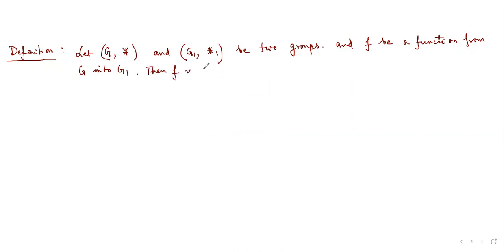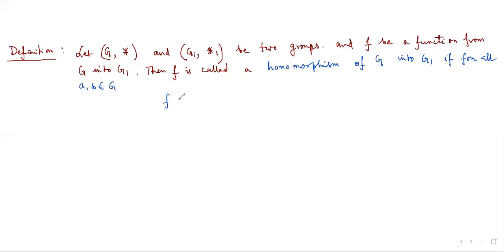f, is called a homomorphism of capital G into G1 if for all a, b belonging to G, f of (a star b) is equal to f(a) star 1 f(b).